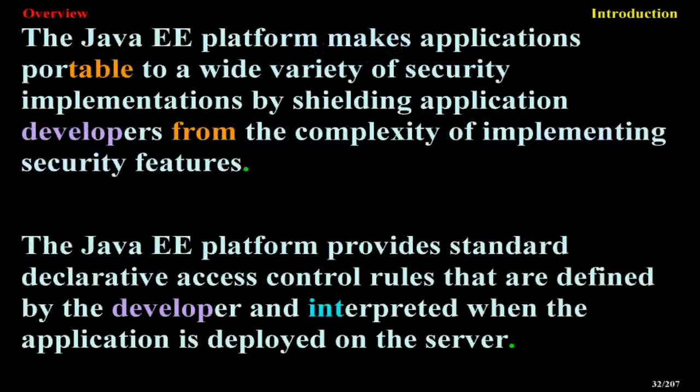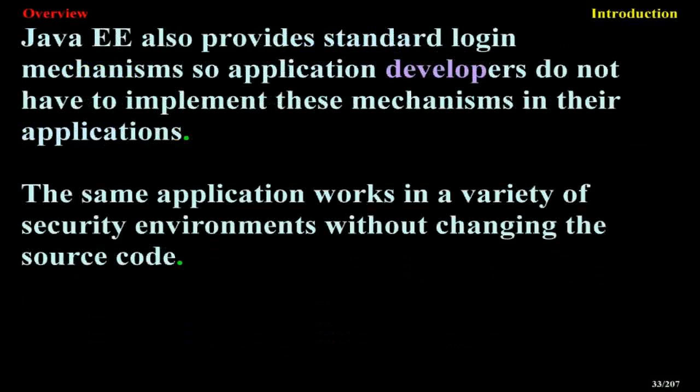The Java EE platform provides standard declarative access control rules that are defined by the developer and interpreted when the application is deployed on the server. Java EE also provides standard login mechanisms so application developers do not have to implement these mechanisms in their applications. The same application works in a variety of security environments without changing the source code.